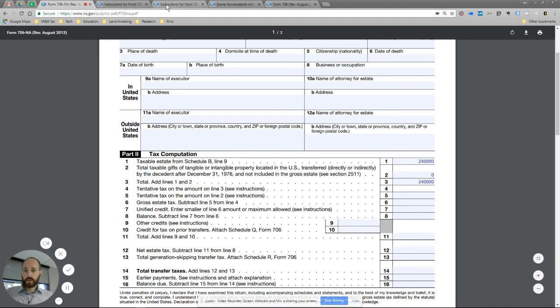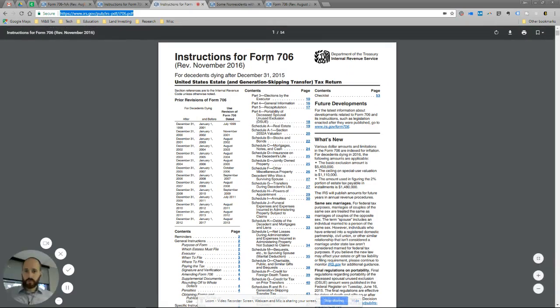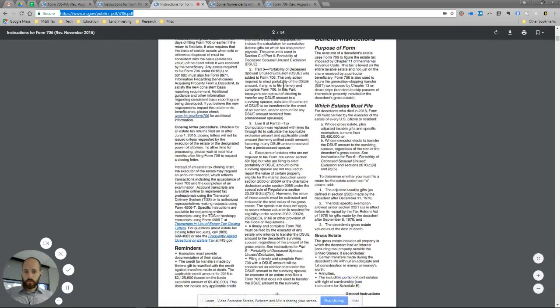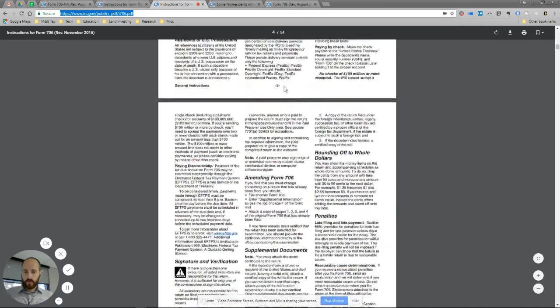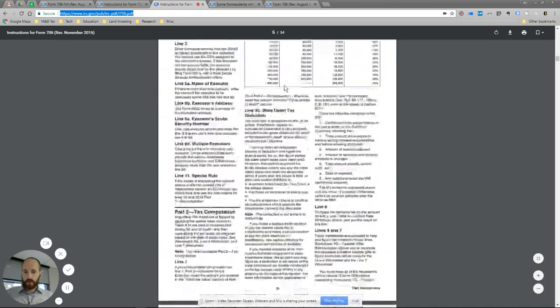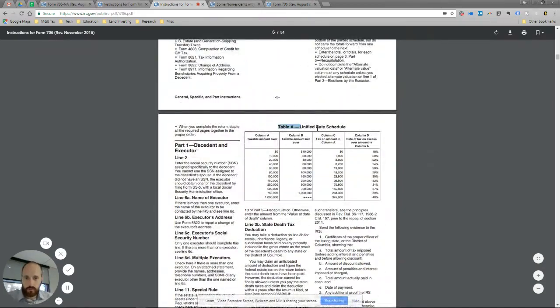The tax is calculated using Form 706 instructions, and it would be Table A, the Unified Rate Schedule. You know how a tax table works.